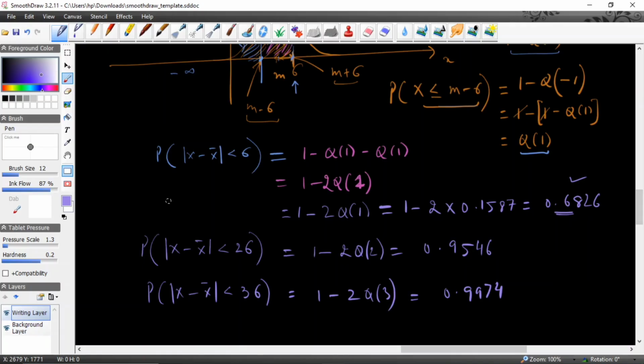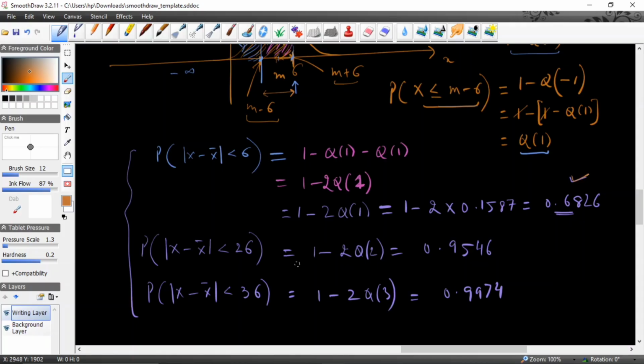So what you get from this equation, you basically try to estimate the width or the spread of the Gaussian random variable. Okay, so if you take the range of the random variable between m plus sigma and m minus sigma, or m plus minus sigma, you get 68.2%.